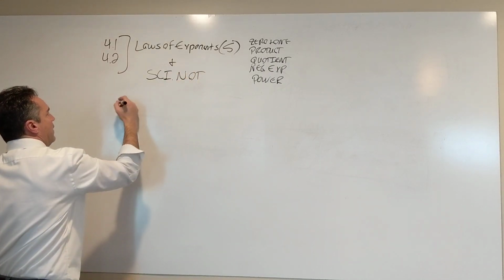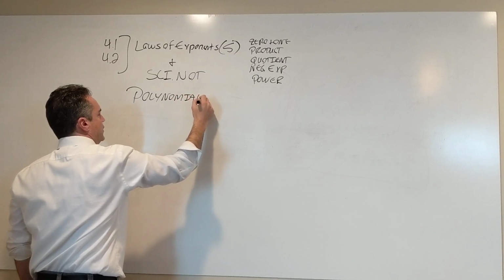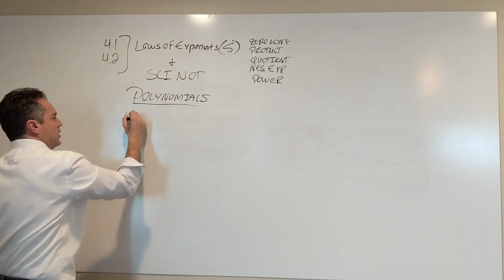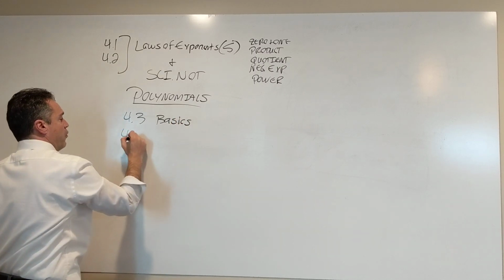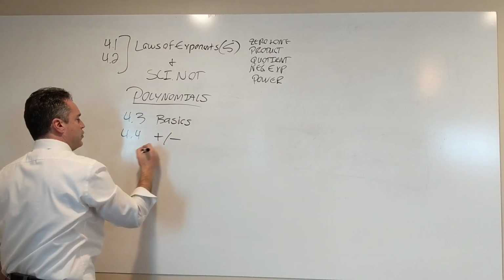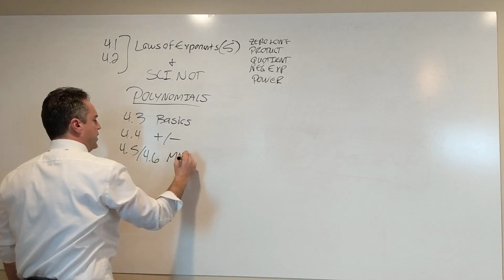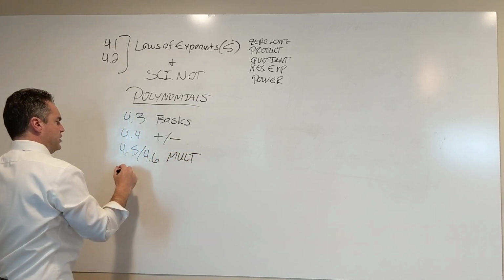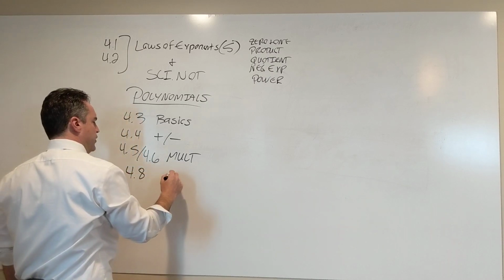And then we got into polynomials. We have reviewed this pretty thoroughly. In section 4.3, we covered the basics of polynomials. In section 4.4, we covered how to add and subtract. 4.5 and 4.6 was all multiplication of polynomials. We just taught you today 4.8, which is division of polynomials.